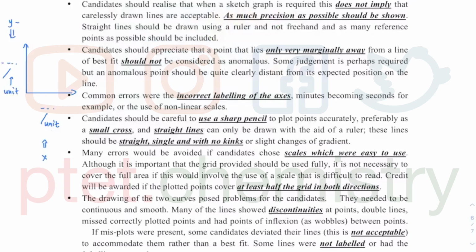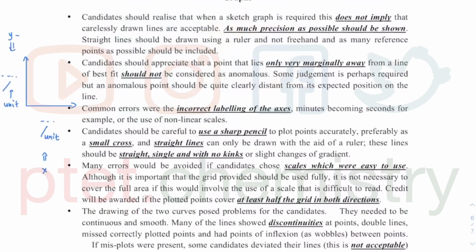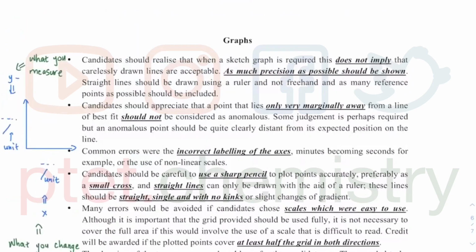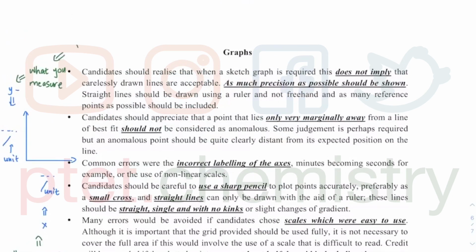Okay. So which one is independent? Which one is dependent? Y is independent. Okay, now that's where you're wrong. Sorry, I wanted to hear what you think first. The x is what you change. You change the x and then you measure the y. Do you agree? Yeah. Okay, as you change the x, you measure the y. So the y-axis is the dependent variable.